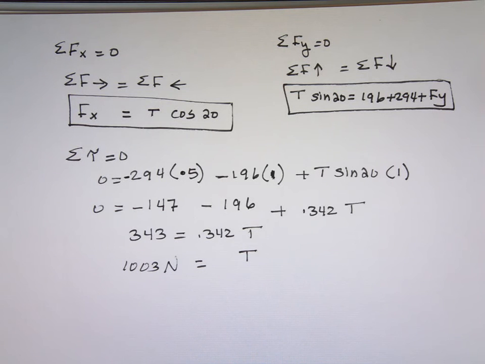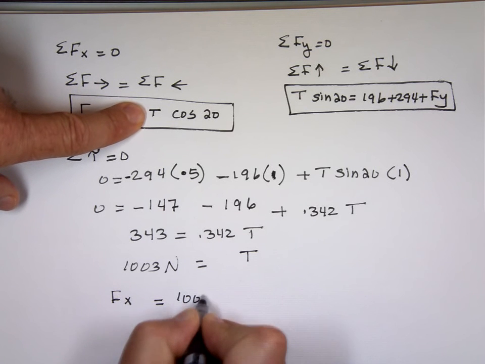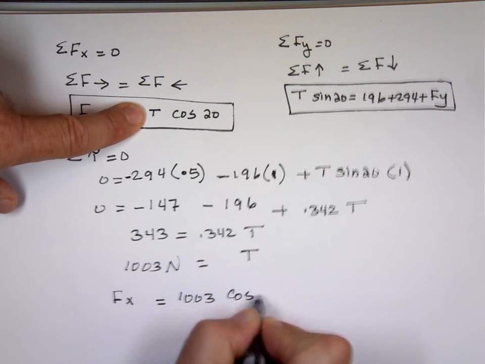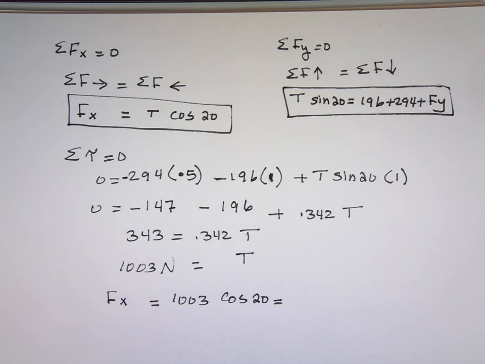Once you know that, can you find F of x and F of y? F of x is going to be T, which is 1,003 cosine 20. $942.